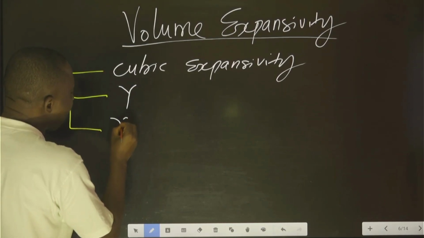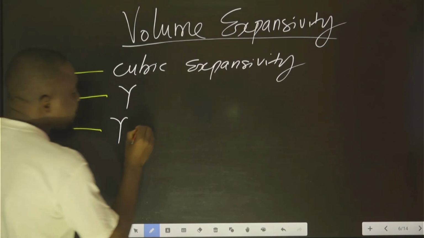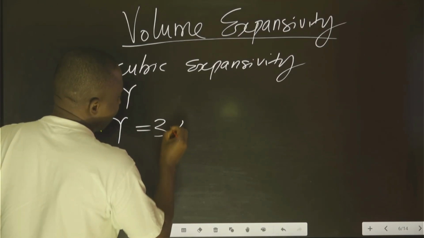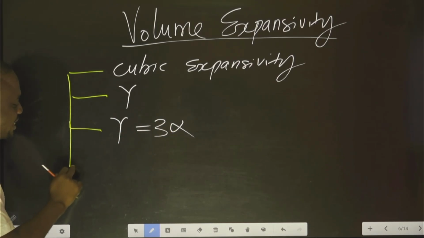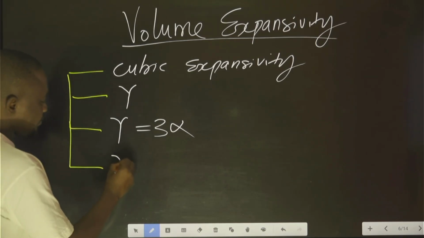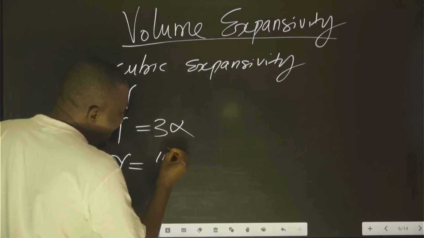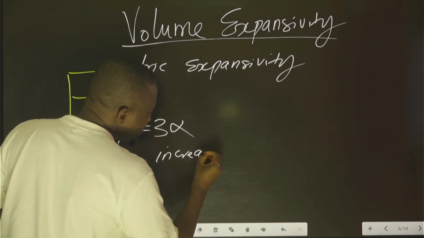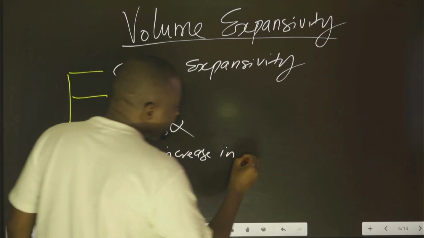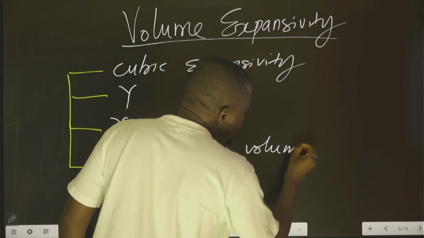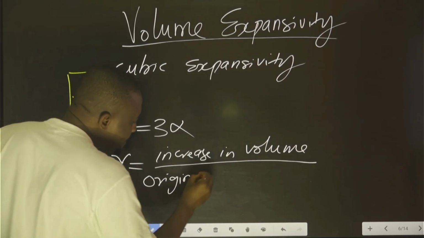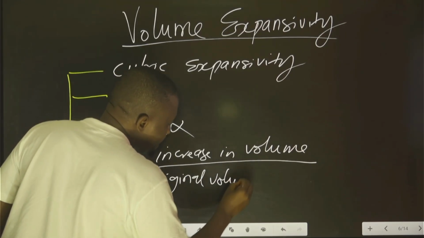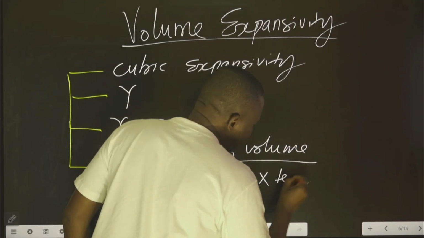Thirdly, gamma, which is cubic expansivity, is equal to 3 multiplied by linear expansivity because alpha is linear expansivity. The formula for cubic expansivity is equal to increase in volume over original volume multiplied by temperature rise.